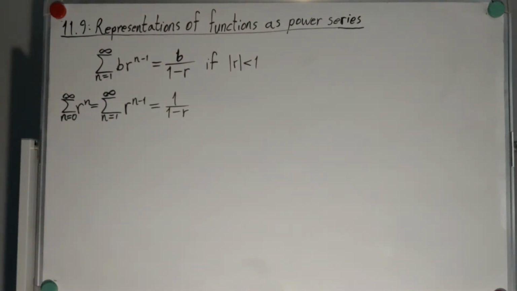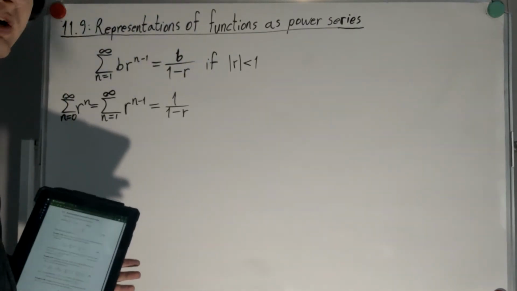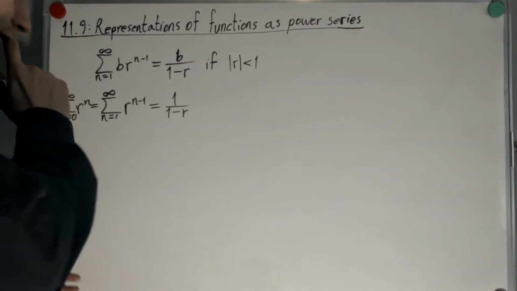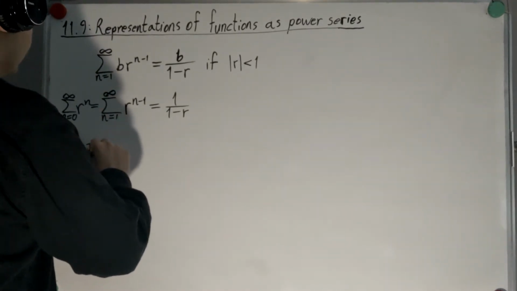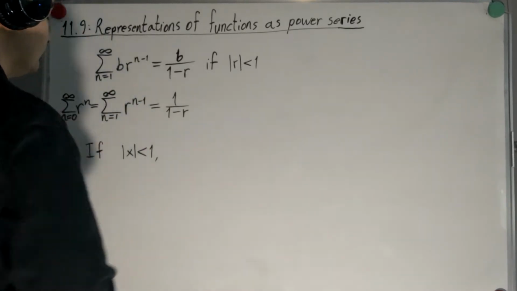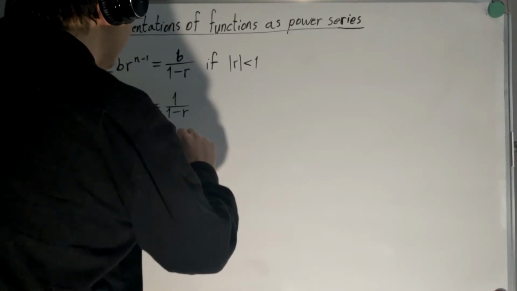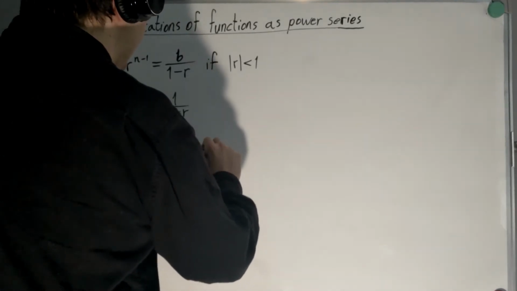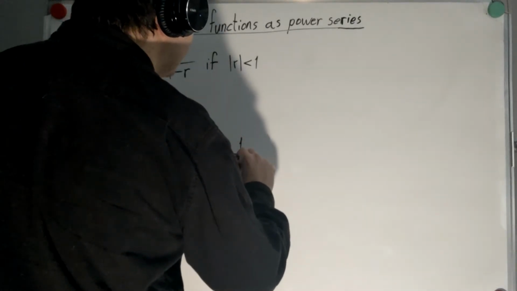Okay? What this means for us is weird and small, but at the same time very important, because this means that as long as the absolute value of x is less than 1, the sum from n equals 0 to infinity of x to the n is literally the same thing as 1 over 1 minus x.